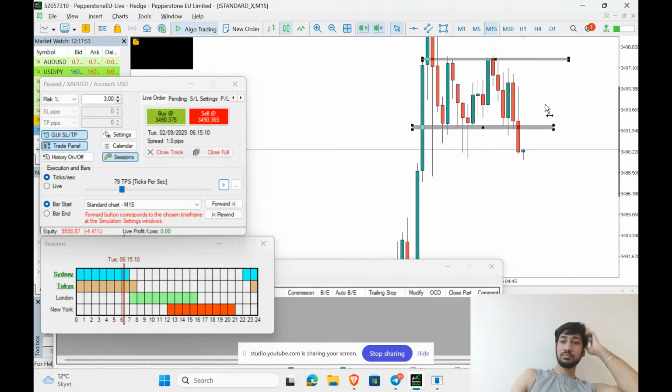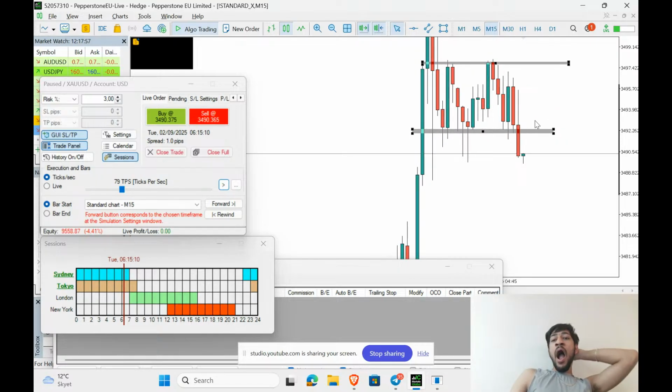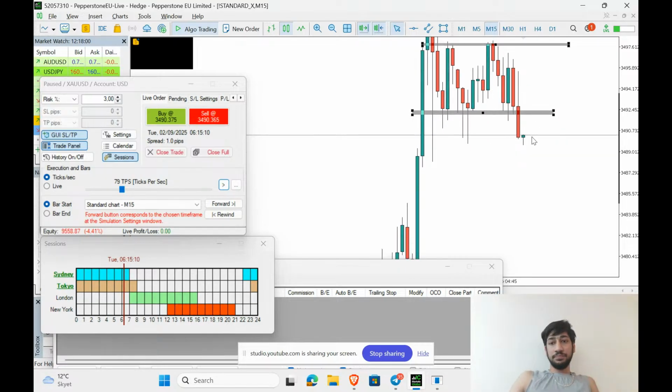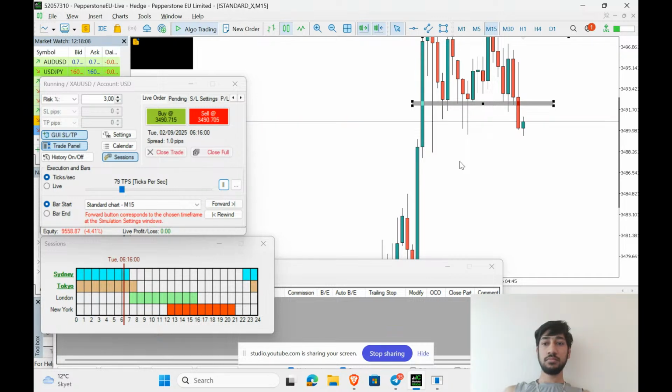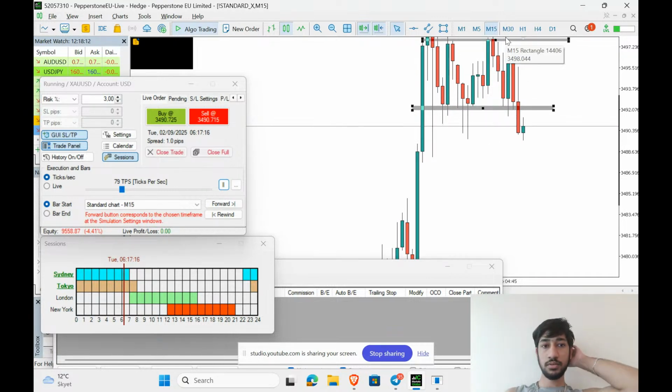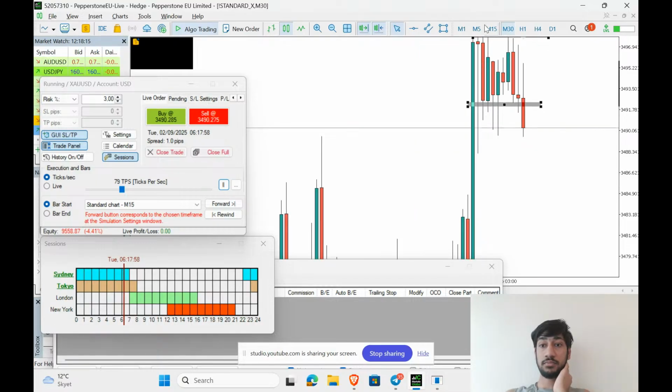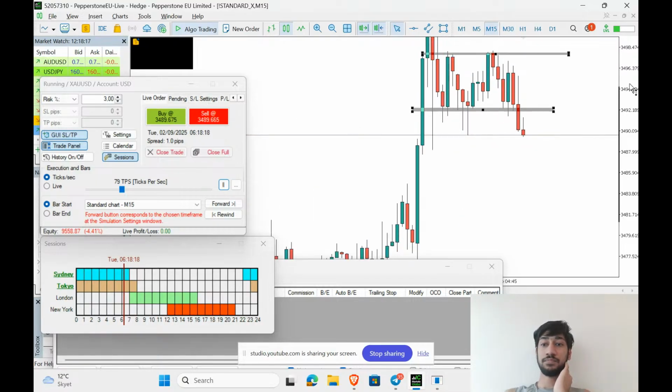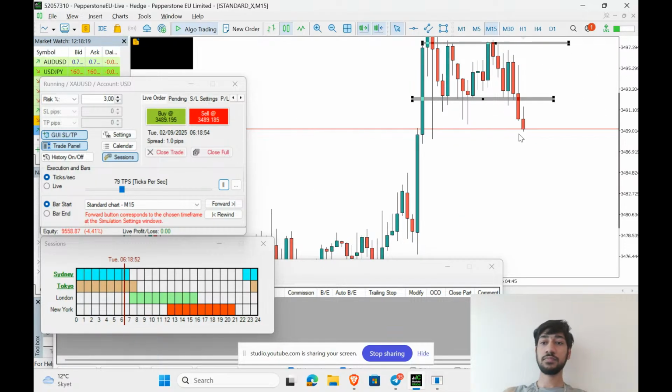So nothing. I want to take sales, but we are very far, and all of the wicks are already filled. If the candle is overextended, you can't do anything at this point. I can't take sales because it's overextended.